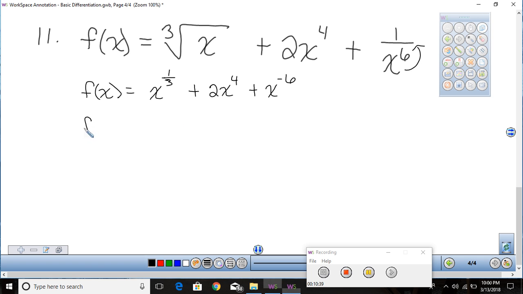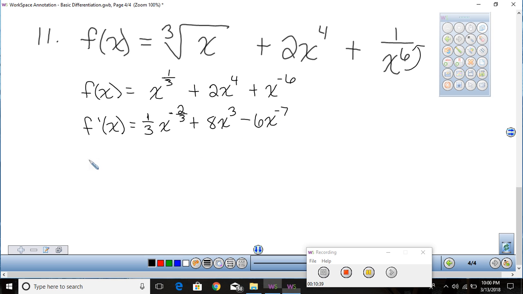And then I'm ready to do the derivative. So I'm going to pull the 1/3 to the front and decrease. So 1/3 minus 3/3 is going to give you negative 2/3. 4 times 2 is 8. Decrease by 1. And negative 6 times 1 is negative 6. X to the decrease by 1, negative 7.